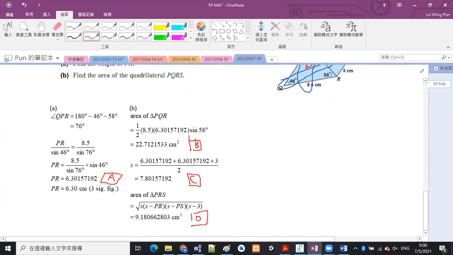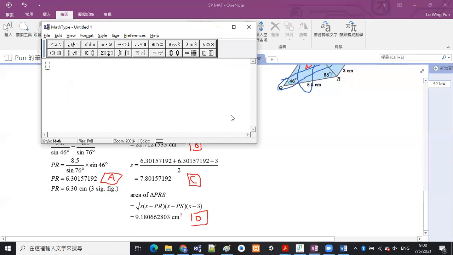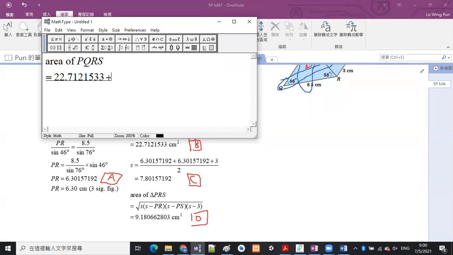Memory D. And finally, we just add memory B to memory D to find the final answer. Okay, the area of PQRS should be 22.71533 plus 9.180662803.